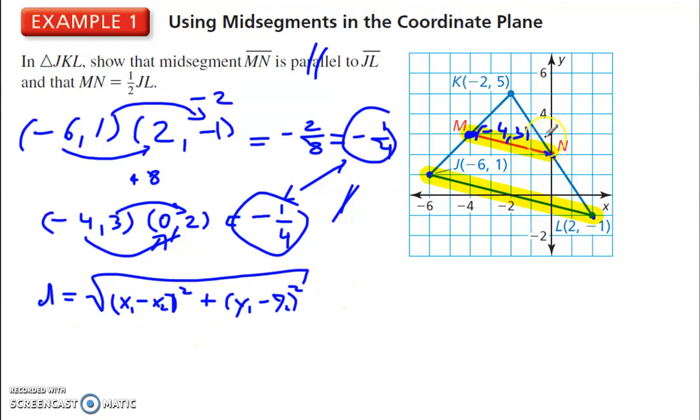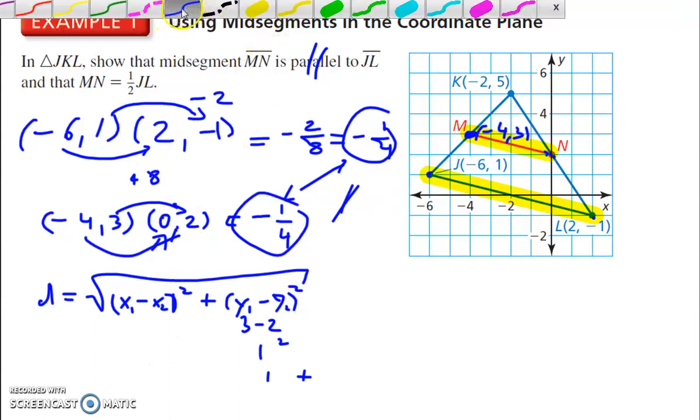squared. Okay, so for my segment MN, the y values are 3 and 2, 3 minus 2 is 1, and 1 squared is 1. Then the x values, -4 and 0.